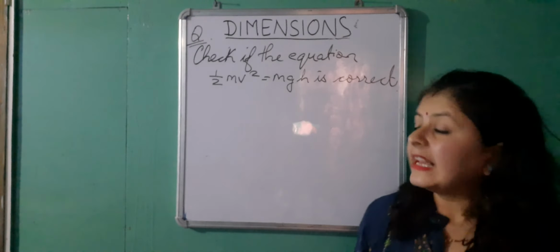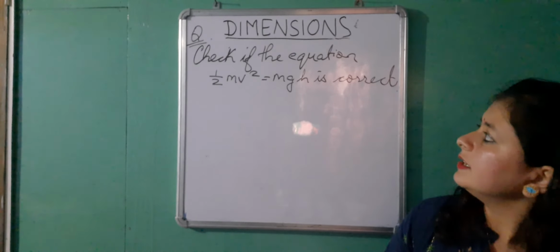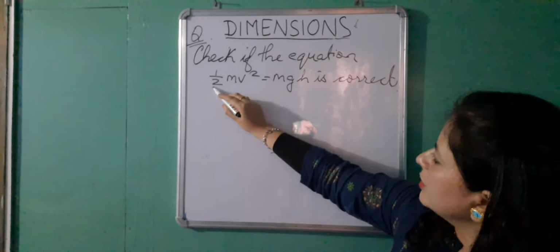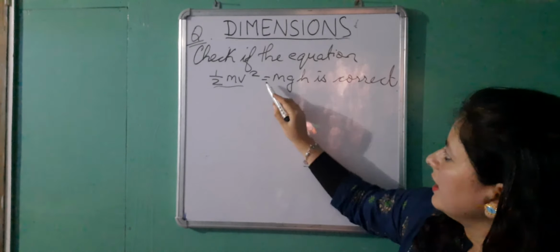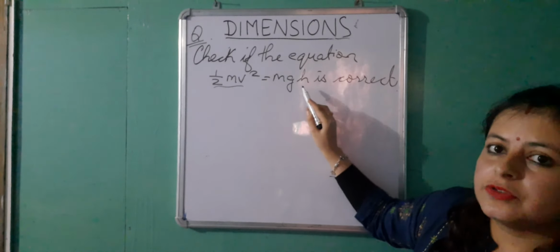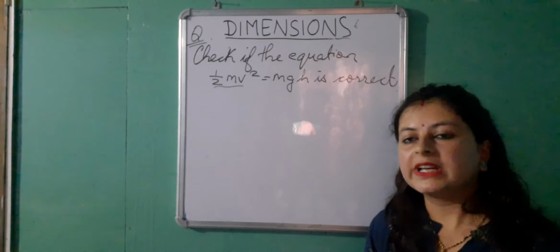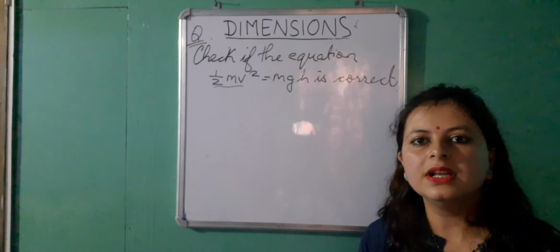Alright, the next type of problems involving dimensions is regarding dimensional equations. Now here is an equation, half into m into v square, which is kinetic energy, is equal to m into g into h, which is potential energy. We don't know whether they are equal or not unless we do dimensional analysis.